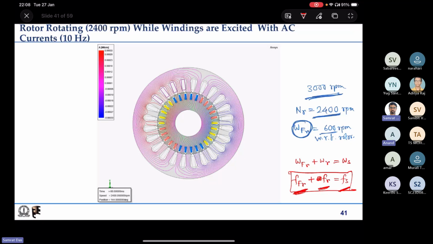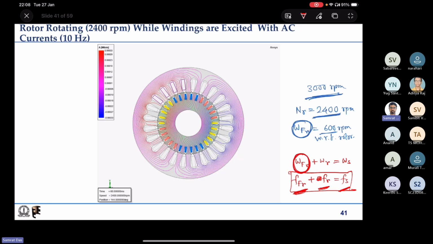So here, the difference between omega_r and omega_s as you wrote in that equation, like omega_fr, can I call that the slip speed? Yes, omega_fr is the slip speed. And f_fr is the frequency.